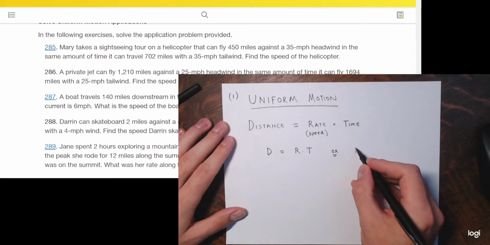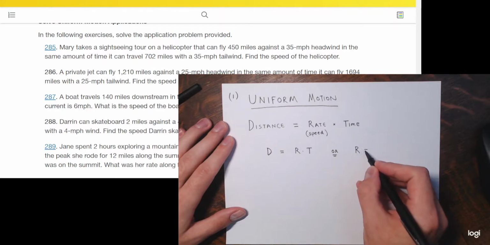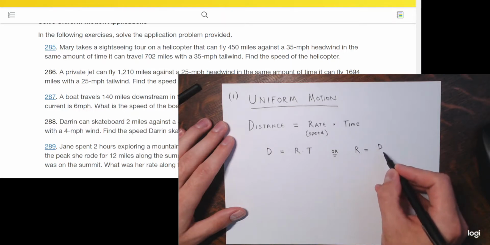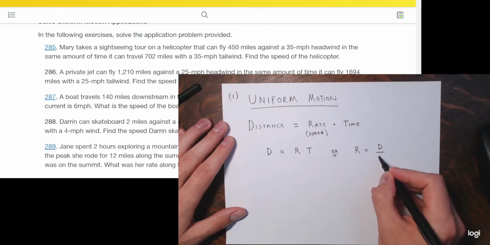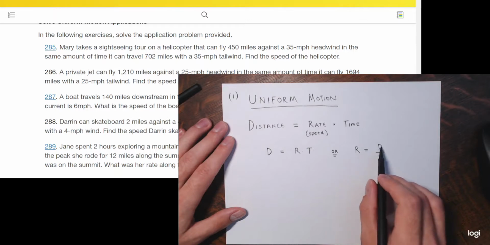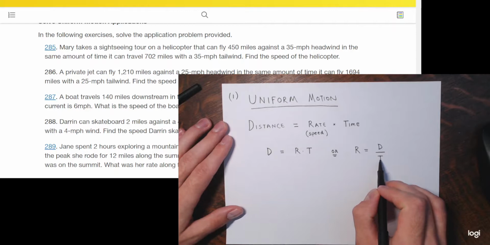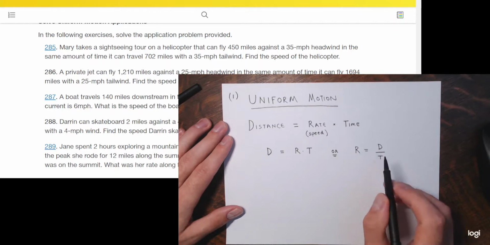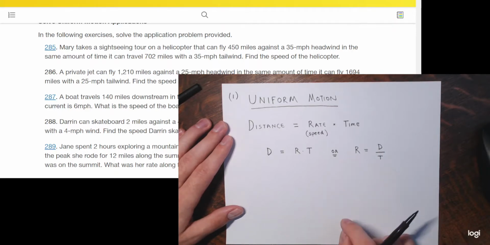We'd have r equals d divided by t, a fraction. So the rate, the speed, equals the distance traveled divided by the time traveled for. Again, hopefully that makes sense. If I go 100 miles in 2 hours, 100 divided by 2, that would be 50 miles per hour. That would be your rate.